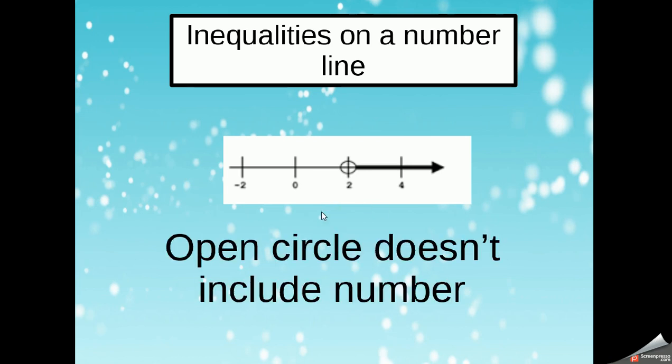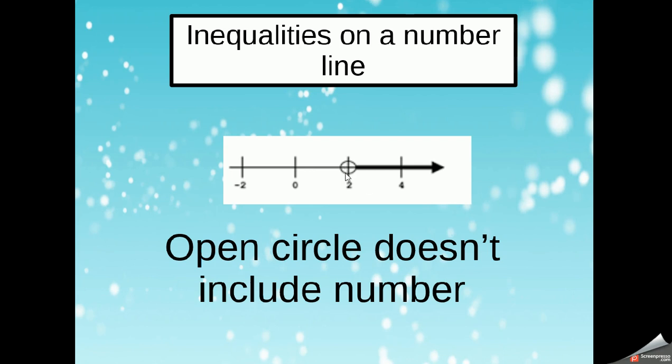So for instance, with this number line here, this arrow represents all the possible numbers that x could be. In other words, x is greater than 2. So when we're drawing it on a number line, we draw an arrow in the direction that x could potentially be.